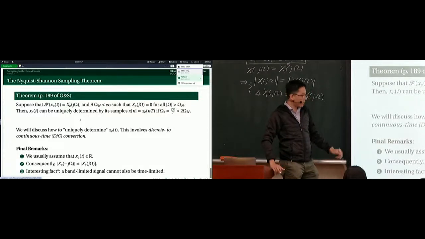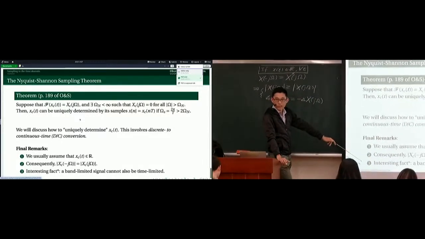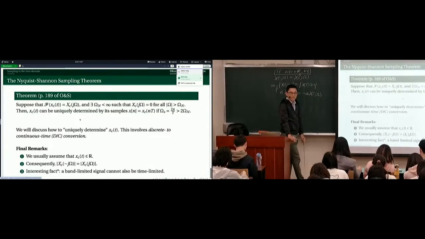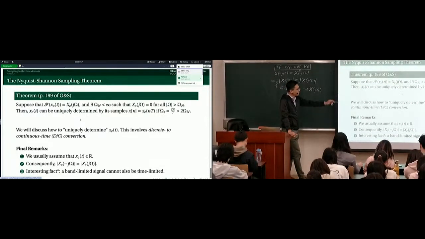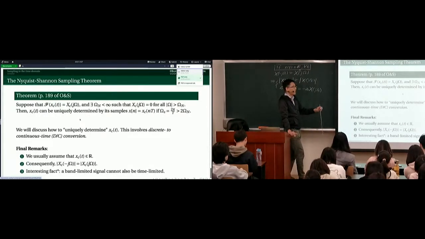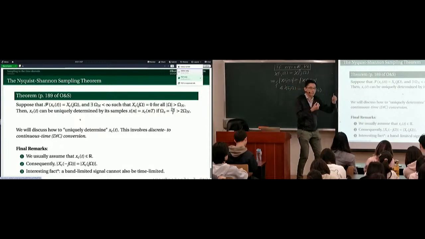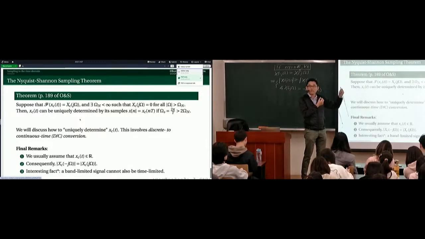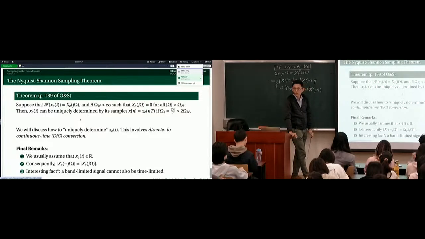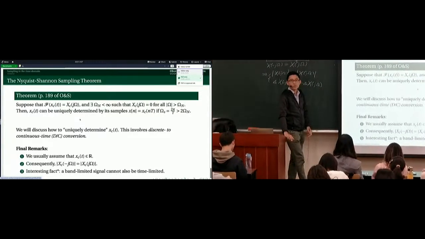Mathematically, it's impossible, and we can prove that later in the semester if you're really interested. We talk so much about assuming that you know the bandwidth, but I have a small problem right here. Mathematically, it's impossible for any signal with a finite duration to have a finite bandwidth. And that's my small problem.